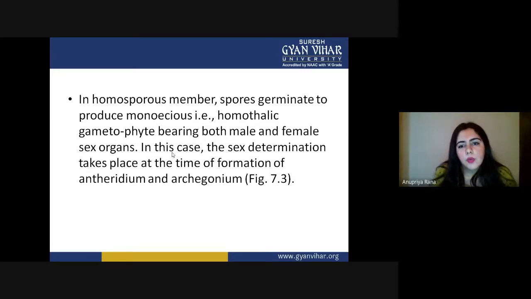In this case, sex determination takes place at the time of formation of antheridium and archegonium. Before that, in the spore phase, we cannot identify them on the basis of their spores because they are produced by the same kind of spores.